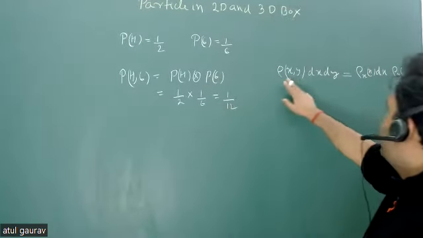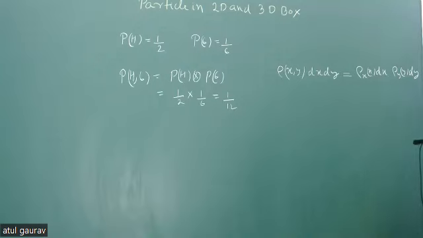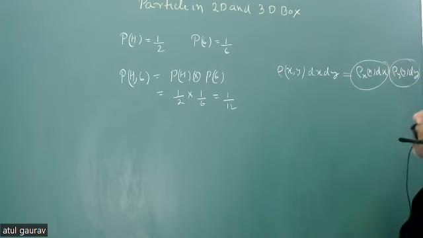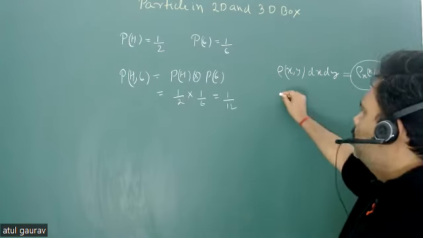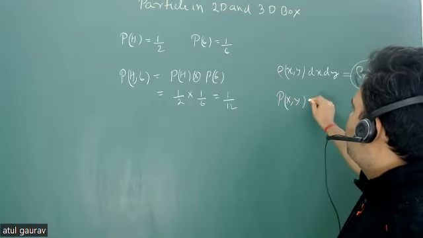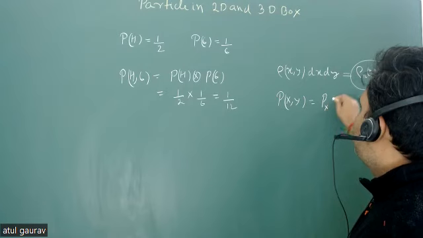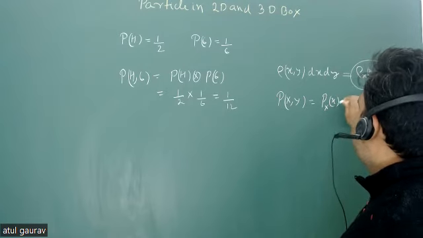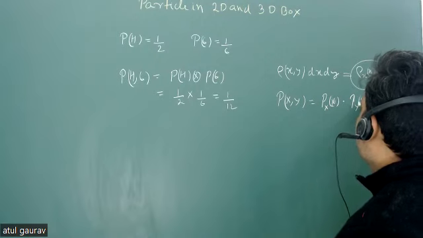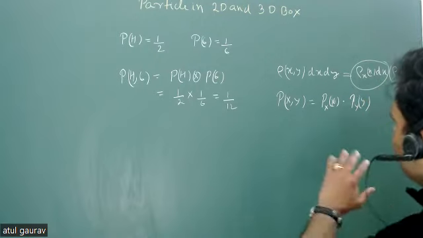Because x and y are independent events, we can separate the x part and the y part. You can write it this way also: the probability of getting x and y is nothing but the probability of getting x into the probability of getting y.